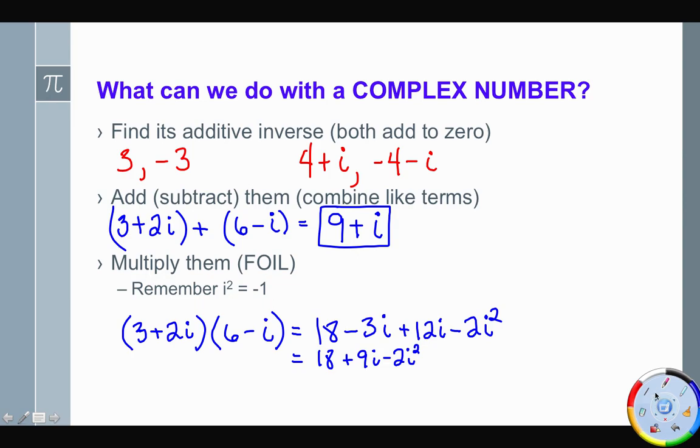So right here, I have an i squared, which means this becomes 18 plus 9i. But then the i squared becomes negative 1. So I get a minus 2 times a negative 1 because i squared is negative 1. And what that becomes right there is a positive 2. So I get a positive 2 and a positive 18, which makes a 20 plus 9i.